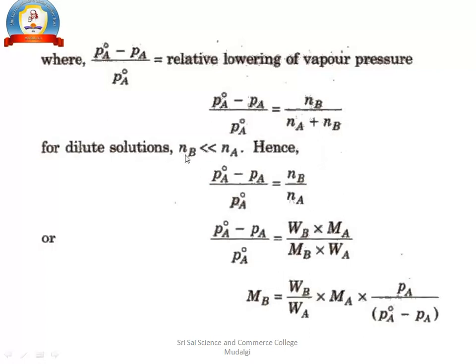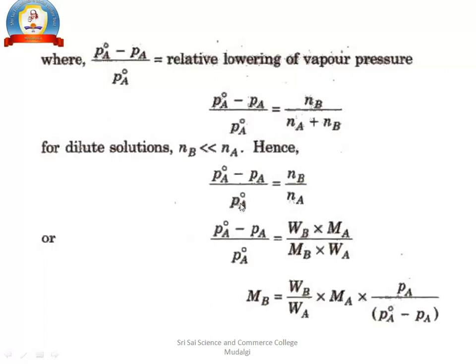Because for an ideal solution Nb is always lesser than Na. So the formula becomes Nb divided by Na. Don't confuse where Nb is: for an ideal solution this value is small, so we neglect it when compared to the Na value. So the equation becomes (P naught A minus Pa) divided by P naught A is equal to Nb whole divided by only Na. Right?